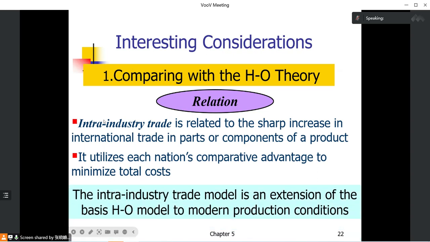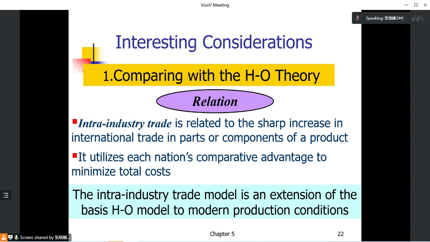Intra-industry trade is related to the sharp increase in international trading of parts or components of a product. That is why, in the last round of globalization, multinational enterprises often deployed their resources here and there in the world, where they have the competitive edge.